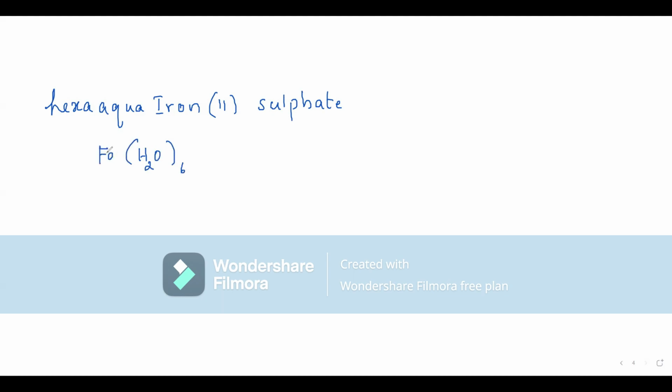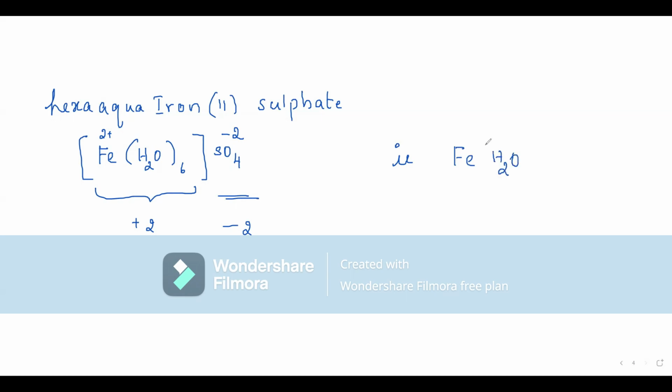Iron, Fe. The charge on Fe is 2 plus. Sulfate: what's the charge on sulfate? Minus 2. So the charge within the complex is plus 2, the charge outside is minus 2. So it's balanced by itself. [Fe(H2O)6]SO4 is the formula of this complex.